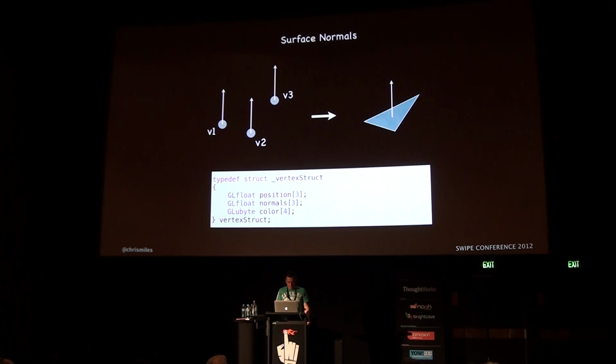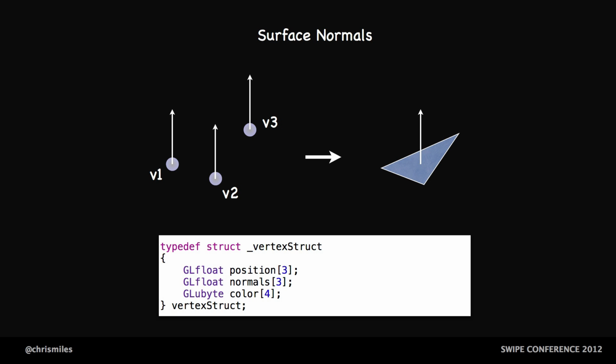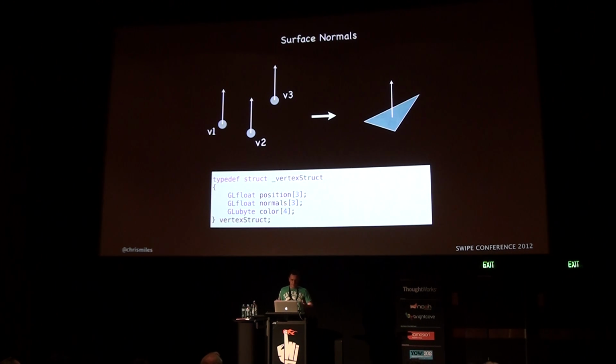So we can demonstrate that by showing our vertex structure again, where we've got our 3 floats for position XYZ, then we specify 3 more floats for the normal vector, which will be in XYZ, and then we have our color data, the RGBA. So the GPU can interpolate the normals across the face of the triangle if it needs to, and then that can determine the surface normal for us.